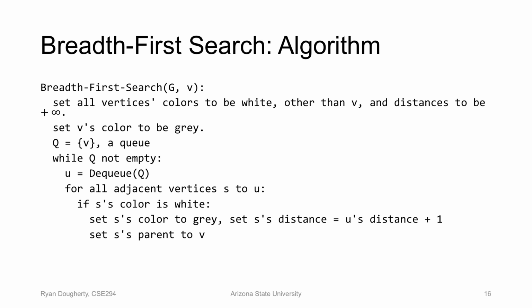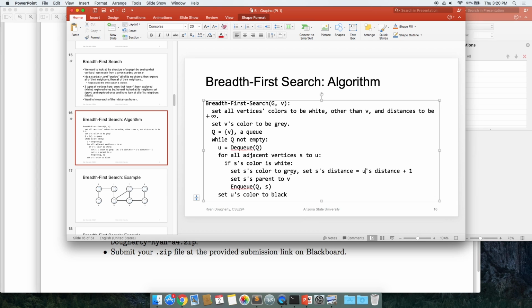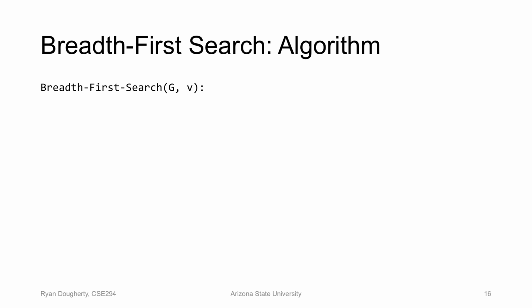And sometimes we consider the parent of a particular vertex to be the one that found that particular vertex. So in this case, S, another typo, I should prepare my slides before I teach.